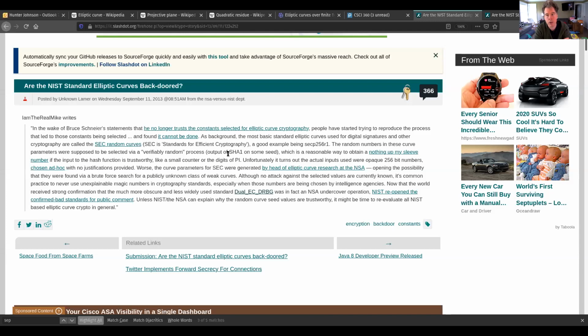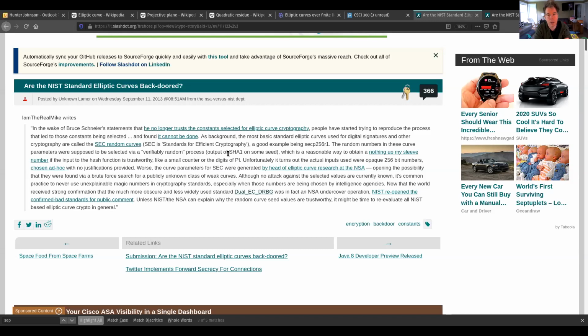In order to give the public confidence that those parameters really were random, they picked a number and then applied a SHA-1 hash to it, and the outcome of the SHA-1 hash was used to generate the parameters. So that affords some level of protection.